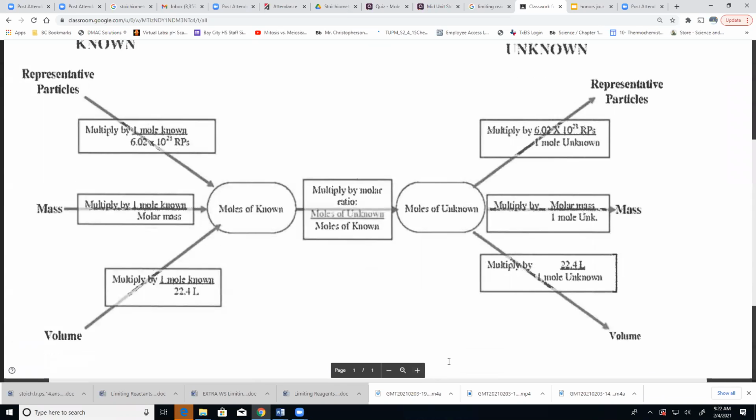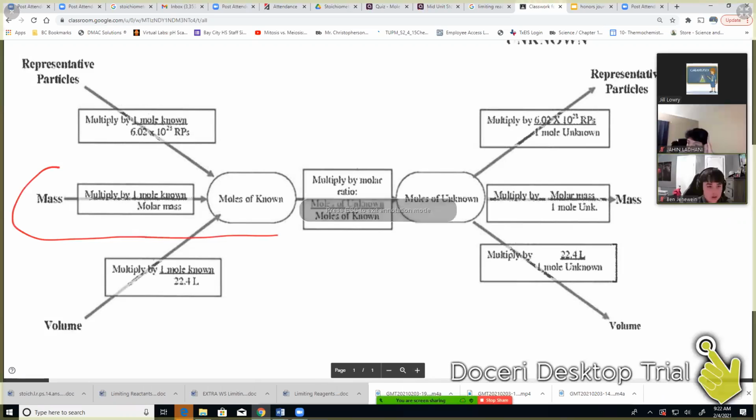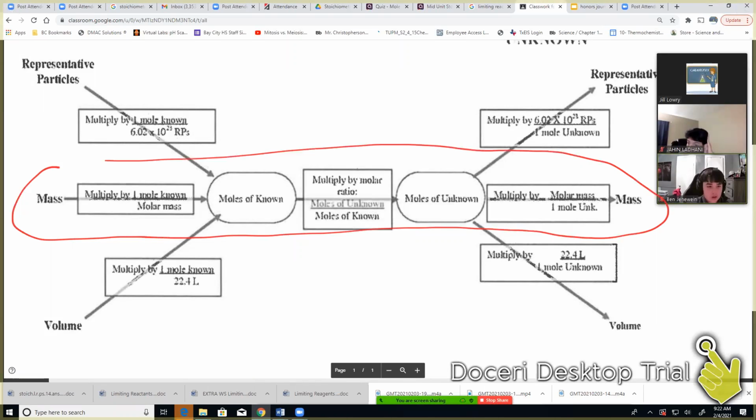And we're just going to be using this middle portion right now. I'm going to circle it. Y'all don't have to, but that part is all we're going to be using right now.